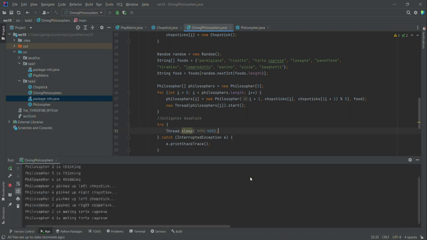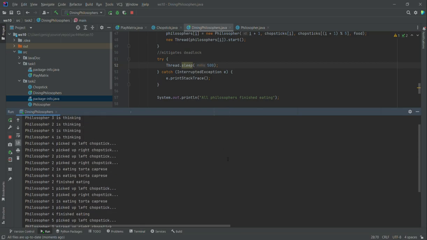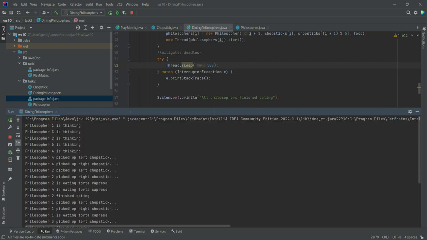So to test this, this is faster than I say it. At first, they are thinking, and we already see that it doesn't have to be 1, 2, 3, 4, 5. It can be in a different order. And obviously, number 4 starts first. But number 4 eats only after number 2 does.